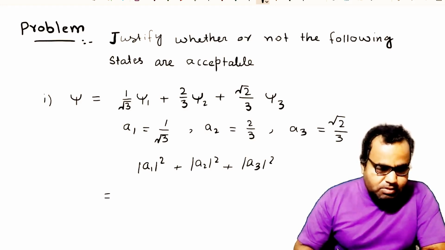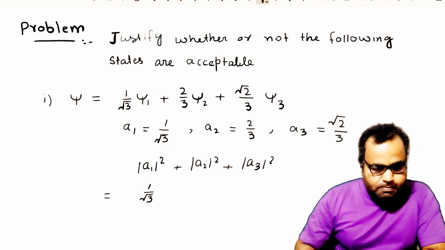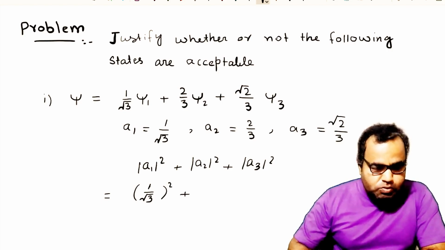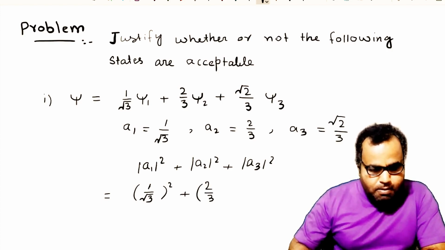It is 1 over root 3, squared, and plus the value of a2, which is 2 over 3, and the value of a3 is root 2 divided by root 3.